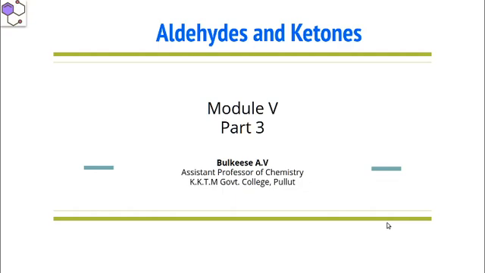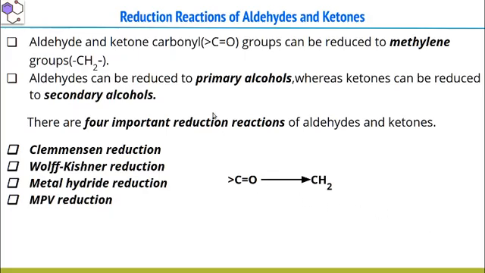Dear students, today we are going to discuss some important reduction reactions of aldehydes and ketones. In these reduction reactions, mainly two important reactions occur. One is that the aldehyde and ketone carbonyl groups, that is C=O groups, can be reduced to methylene groups.